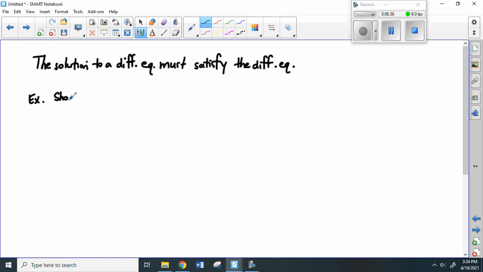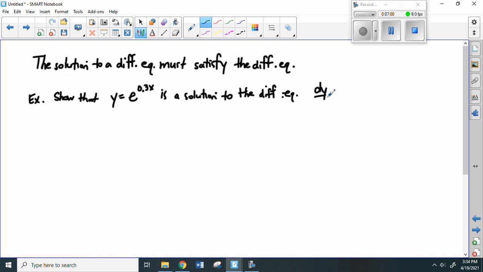So I want to show that this solution is a solution to the differential equation dy over dx equals 0.3y.